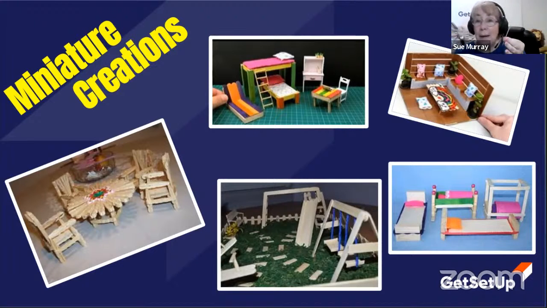Or even matchsticks would be another one you could use to make your ladder for your double bunk. Popsicle sticks cut very easily with a pair of scissors. If by any chance they shatter a little, you can always just glue them back together again.